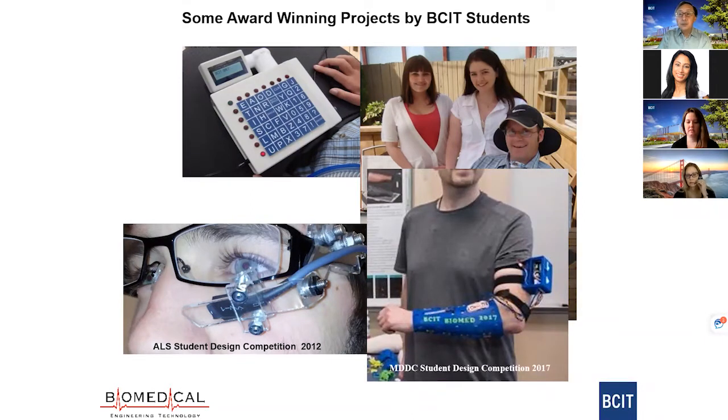So this student designed and 3D printed this cast. Inside the cast there are a number of built-in sensors to check the alignment, how well the bone has been growing. There's a temperature sensor to detect the temperature. If the temperature is high, that means there may be some inflammation.